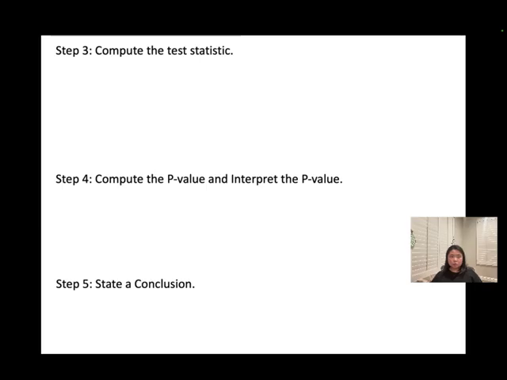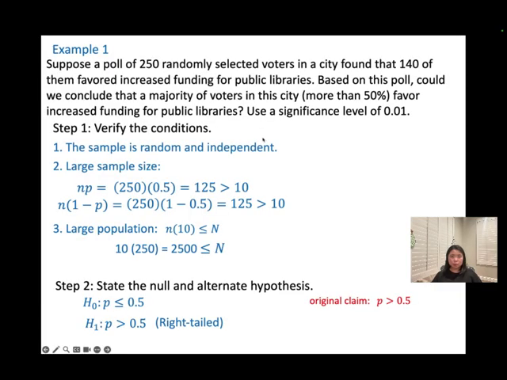Now we will compute the test statistic. We have the formula here, and we need to figure out what your p-hat is. So we have the formula x over n. X is the number of successes, divided by the sample size. N is equal to 250.